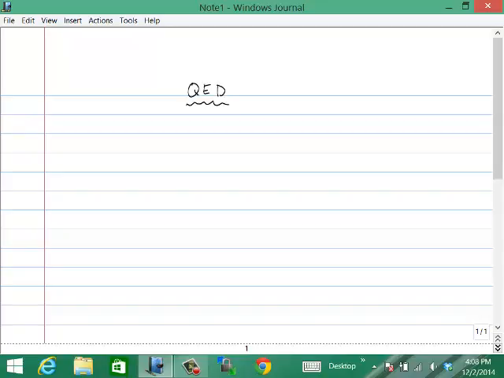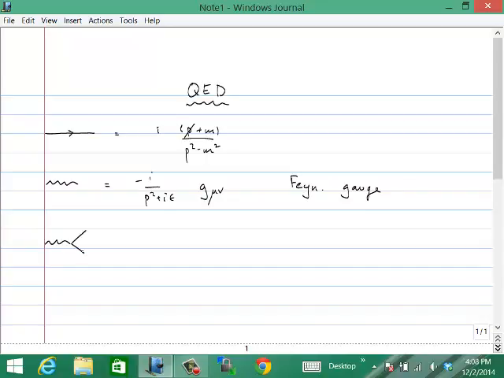Just as a reminder, in quantum electrodynamics, the Feynman rules give you a propagator for a fermion, along with a propagator for the gauge field, which is gauge dependent, and we'll just typically use Feynman gauge, along with, finally, an interaction vertex that allows the photon to interact with the electron.